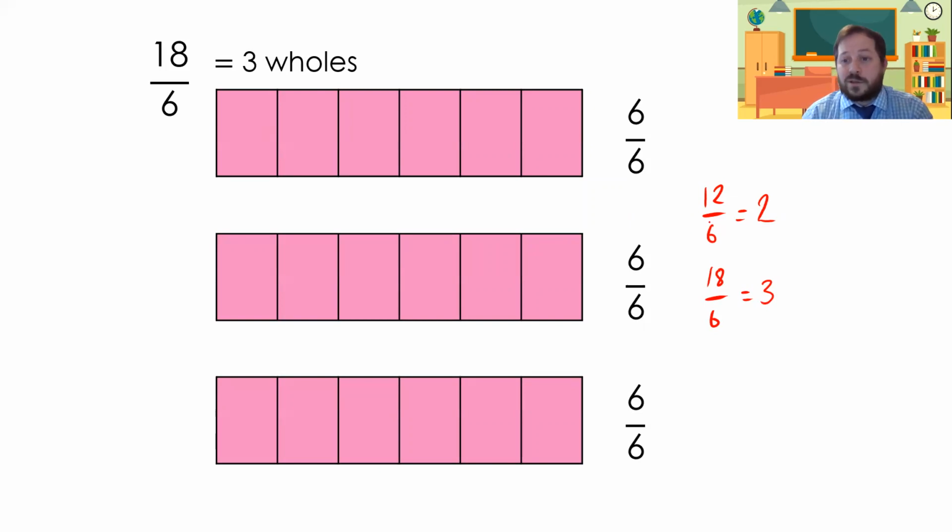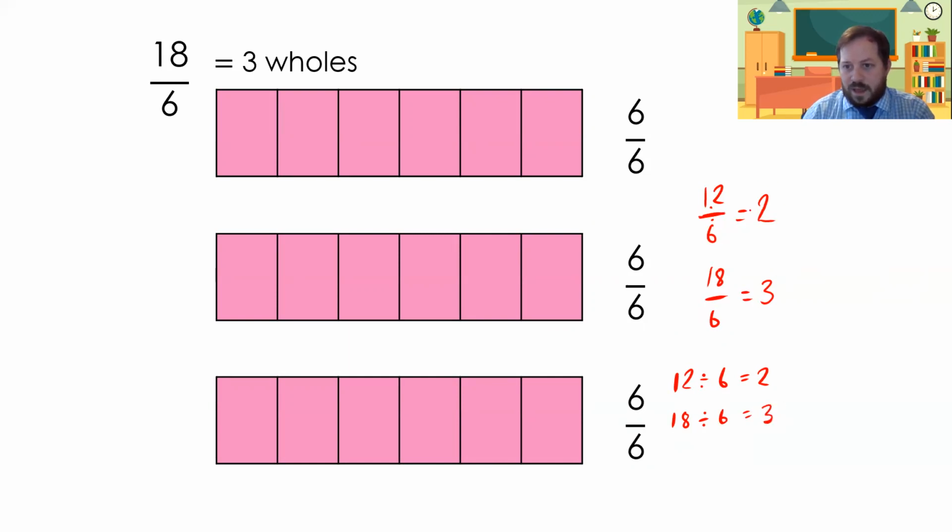Well, here's the trick. Remember, our fraction symbol is the same as a divide sign. And you divide the top by the bottom. So 12 divided by 6 equals 2. And 18 divided by 6 equals 3.